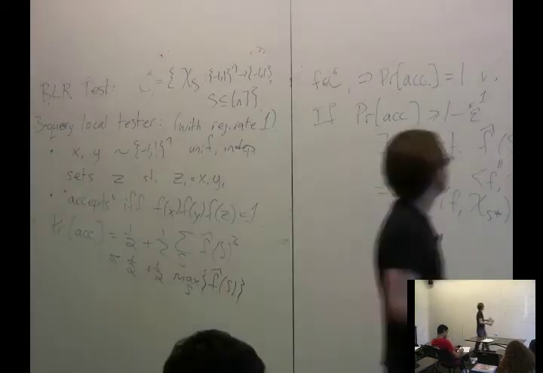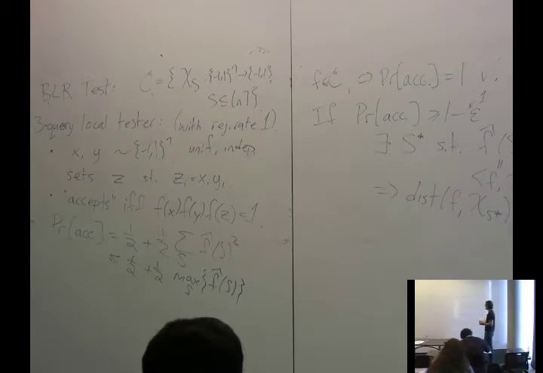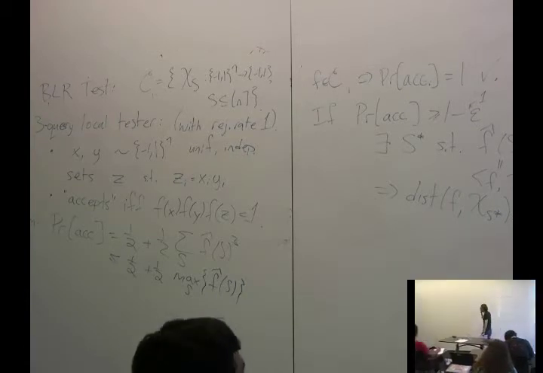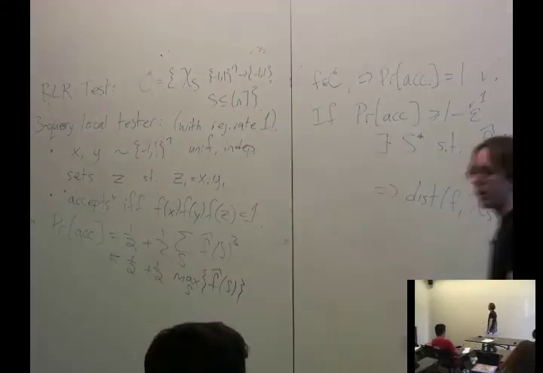Okay. Let me make an extremely pedantic comment now. Usually what's going on when you're talking about testers and testing Boolean functions like this is you actually have a sequence of collections of functions, one for each n. Like here, you have the class of all parities on n inputs for various values of n.